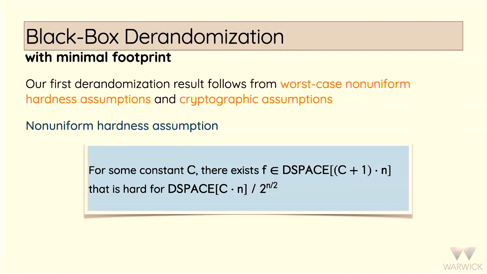For some big constant C, we have a function in DSPACE((C+1)n), and the 1 can be, I don't know, 5, it doesn't really matter, that is hard for slightly smaller space, which is necessary, but given quite a few bits of advice, like 2^(n/2). This is the non-uniform hardness assumption.